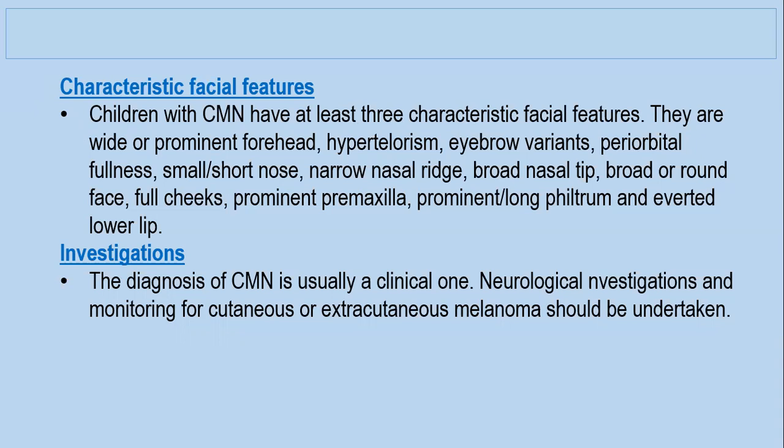Eyebrow variants, periorbital fullness, a small or short nose, narrow nasal bridge or broad nasal tip, broad or round face, full cheeks, prominent premaxilla, prominent long philtrum, and everted lower lip. So these are all the characteristic features of children with CMN.